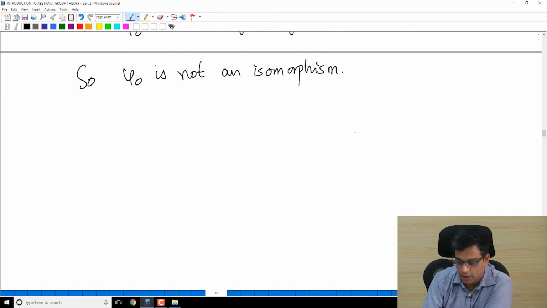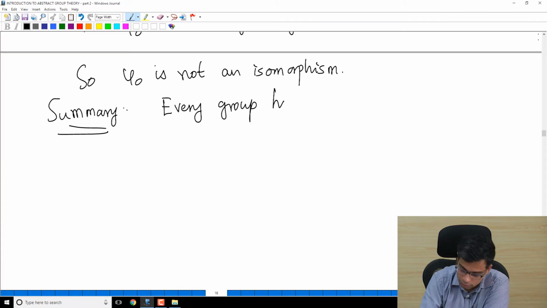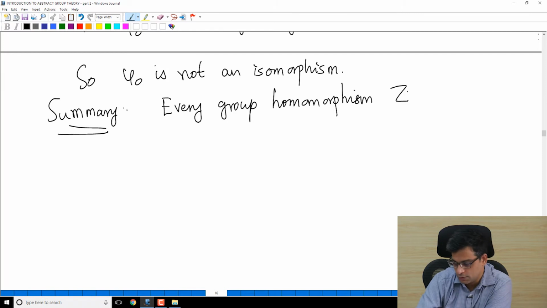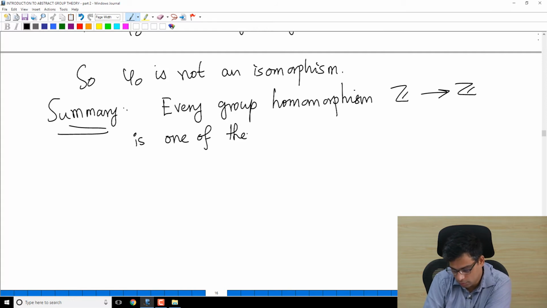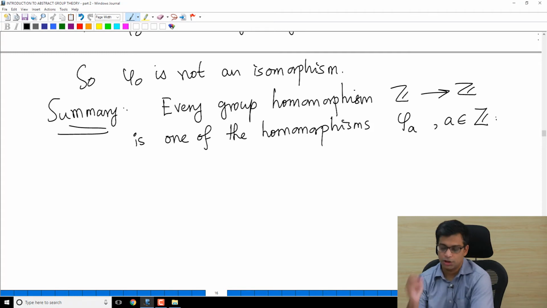So now let me summarize the whole problem as follows. Every group homomorphism from Z to Z is one of the phi A. So this is the answer to the original problem.